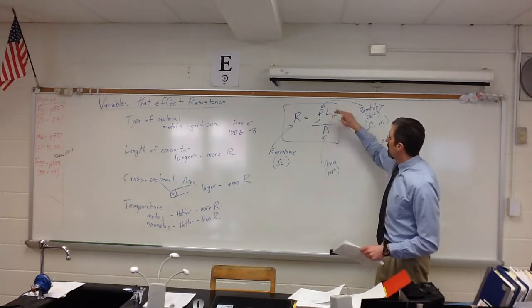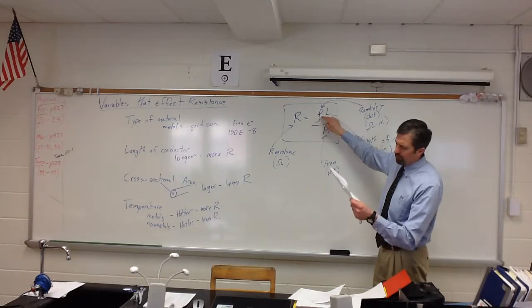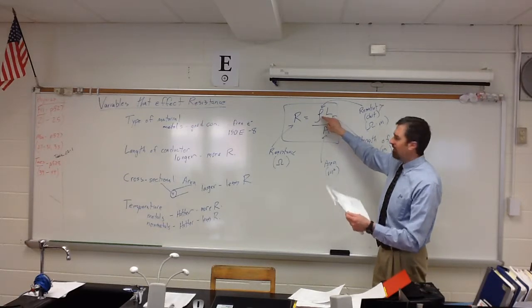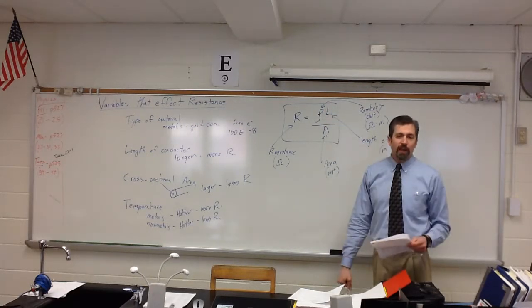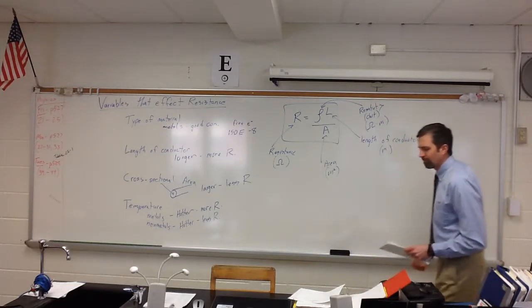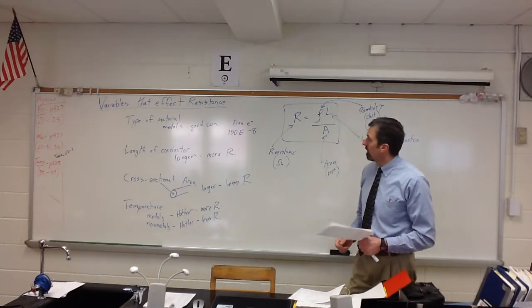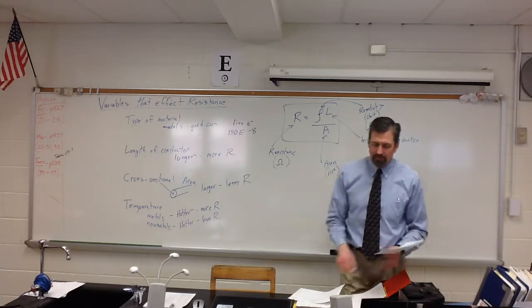You'd say, oh, there's the length, there's the cross-sectional area. You'd look up the resistivity of aluminum, 2.82 E negative 8. You'd plug them in, boom, you'd have the resistance of that particular conductor. It's quite easy to use the equation. All right, so that's the variables that affect resistance and an equation that ties them together.